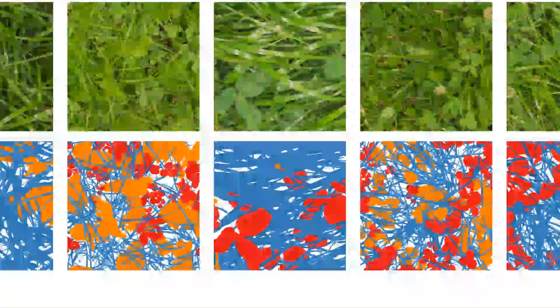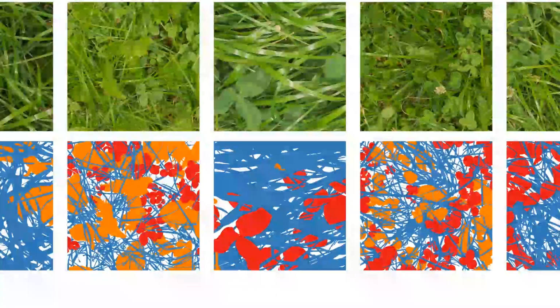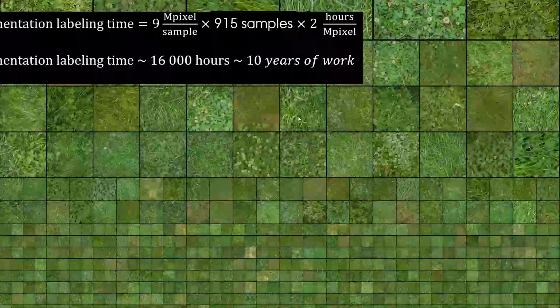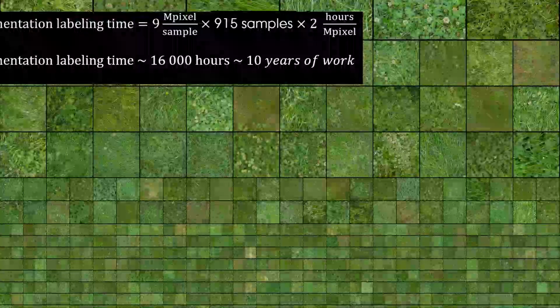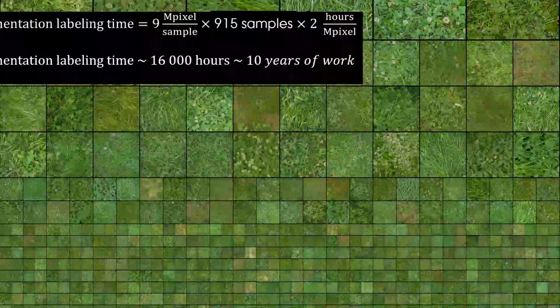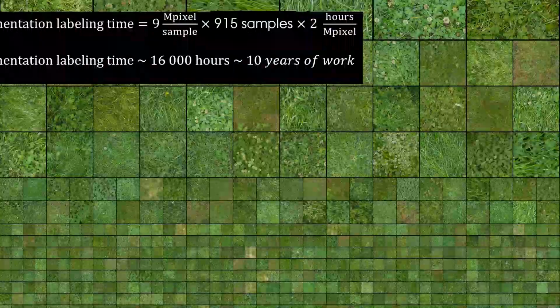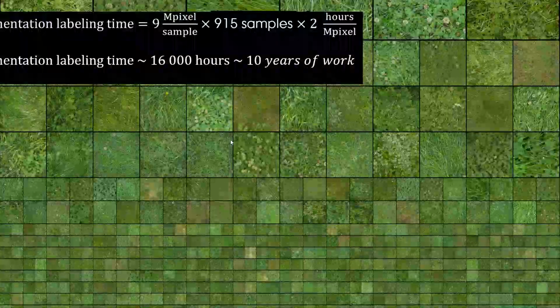So here we're talking about a couple of hours at least per image sample. So looking at the entire data set, we're talking about 10 years of work to annotate those. In Denmark, a PhD is not 10 years. So we had to come up with a different approach for that.